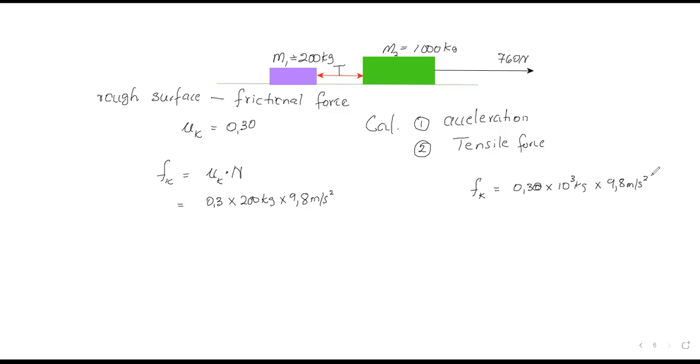Let's have a look here. We start with mass 1: 0.3 times 200 times 9.8. That will equal 588 Newton.